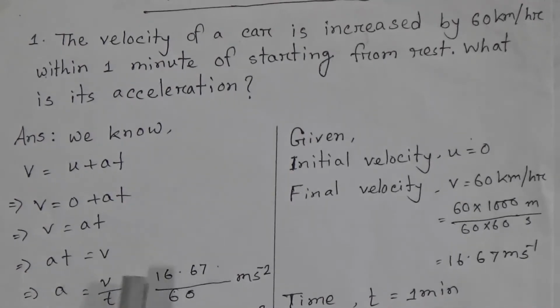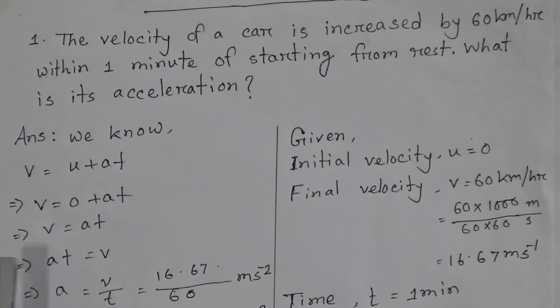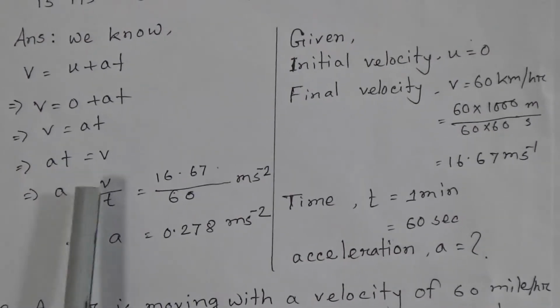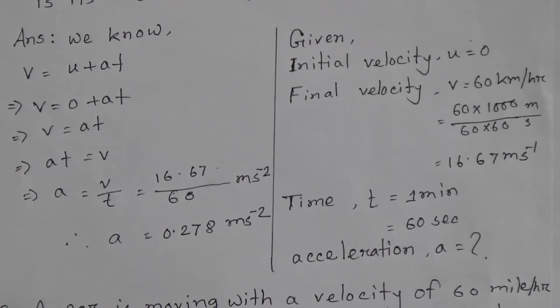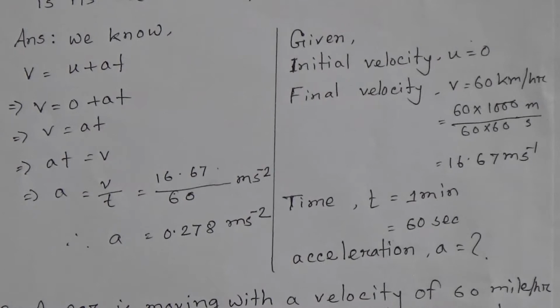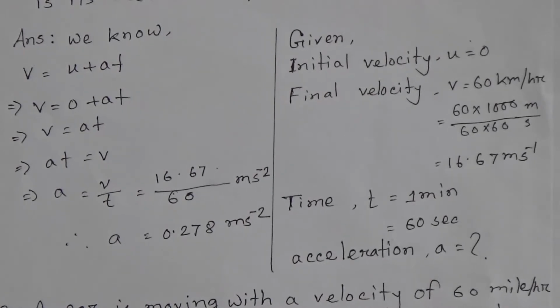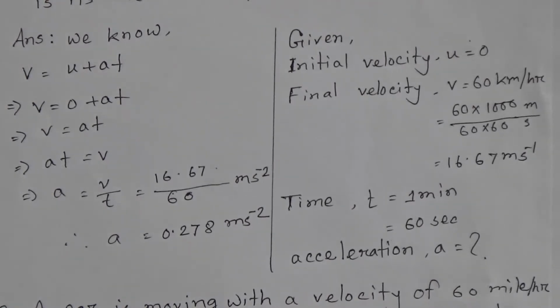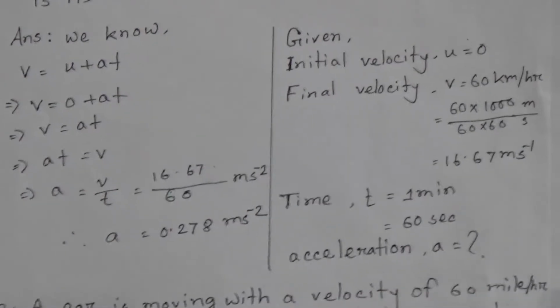In our previous class I already discussed them. Number 1: V equals U plus AT. Number 2: S equals (V plus U) divided by 2, into T. Number 3: S equals UT plus half AT squared. Number 4: V squared equals U squared plus 2AS. Based on these formulas we will solve the mathematics today.